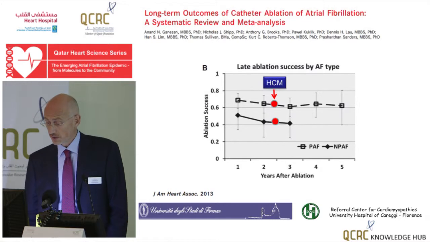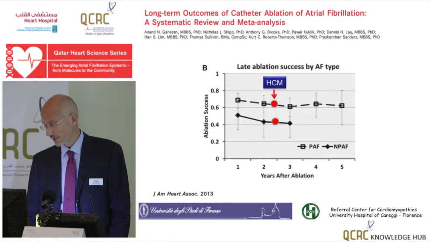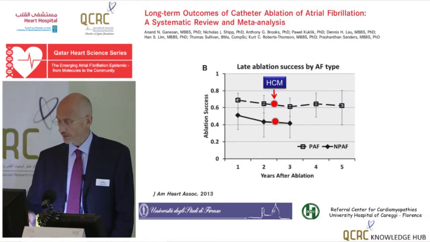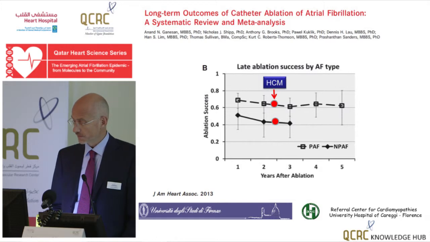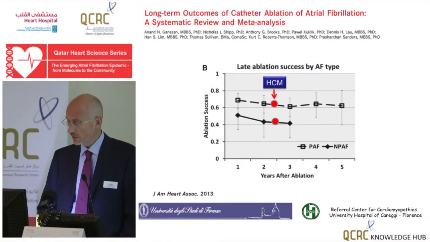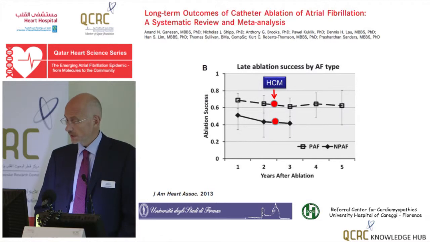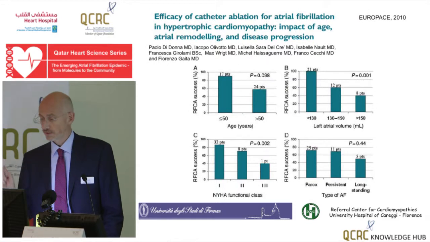If you compare the results at 2.5 years to, for example, this recently published catheter ablation meta-analysis on all-comers in other associations and other institutions, you see that we compare favorably with the procedure in the general AF population. So we have to be reasonably happy with the results, considering that this was a very extreme selected subgroup.